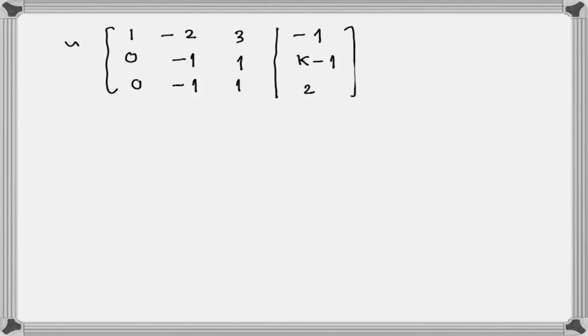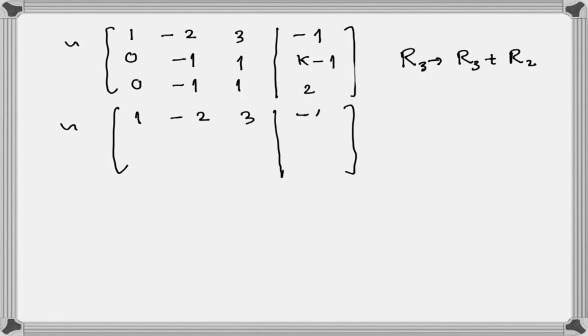Alright, so let's reduce it further. Here I will apply the transformation R3 from R3 plus R2. Sorry, I think no, not plus. It should be R3 minus R2. Then we get 1 minus 2 3 minus 1.